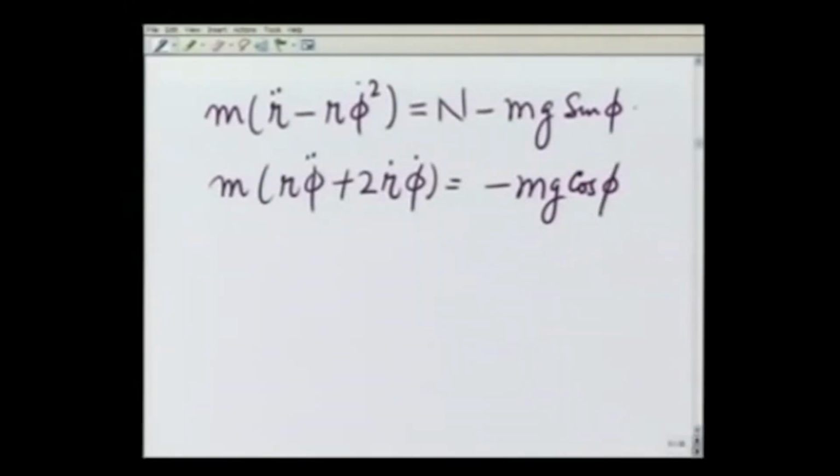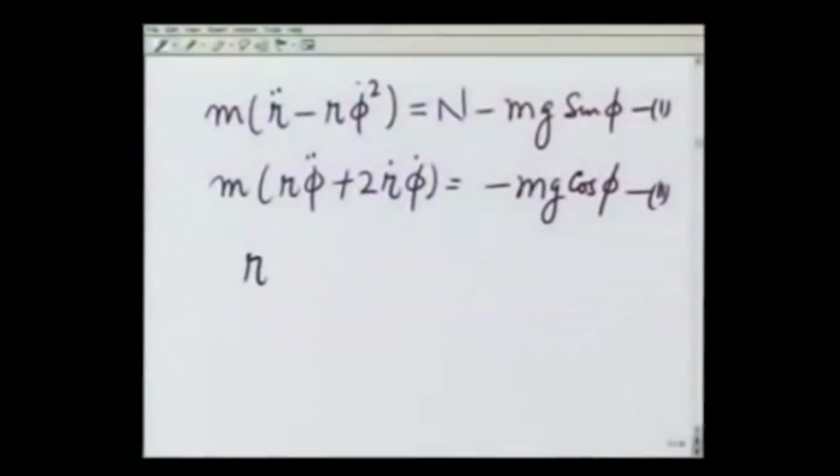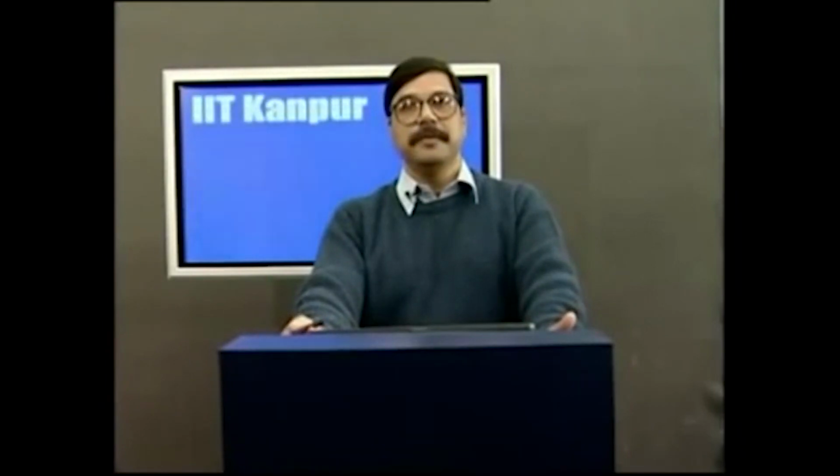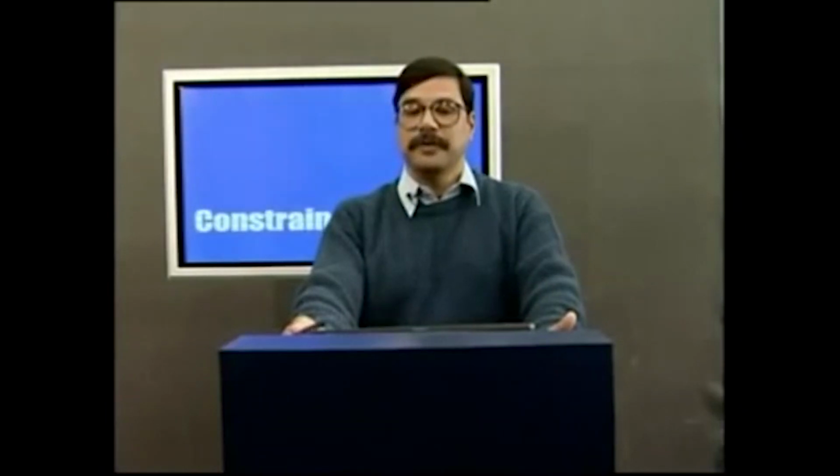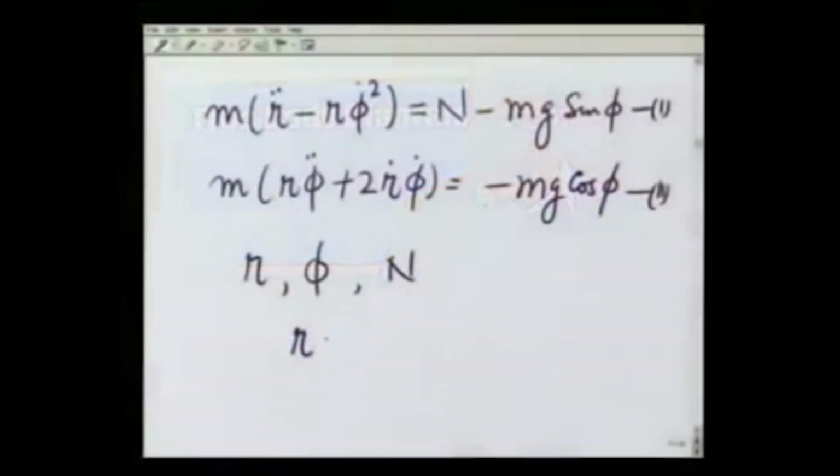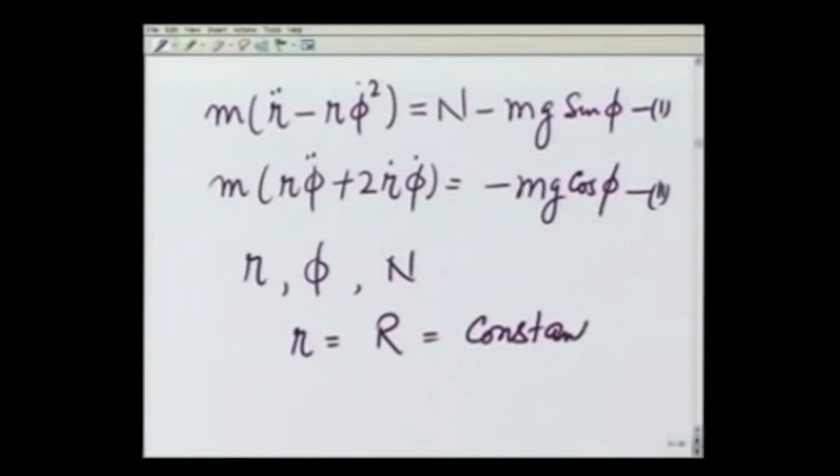These are two equations of motion, and the number of variables involved are r, phi and N. As I had said earlier, at this stage the number of equations would generally be less than the number of variables in the problem, and that is because so far I have not taken into account the equation of constraint, which in this case happens to be r is equal to R, which is a constant, and therefore r dot is equal to r double dot is equal to 0, and that's my third equation which I can solve.